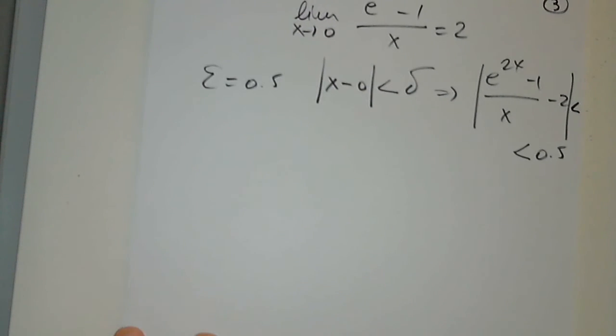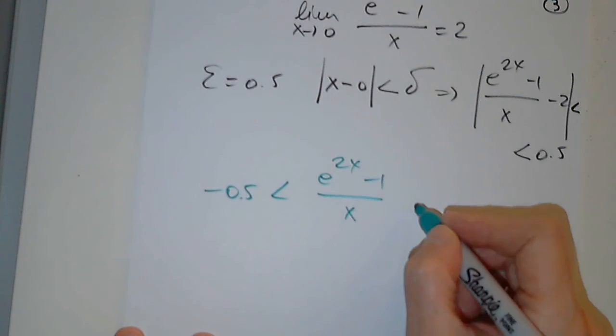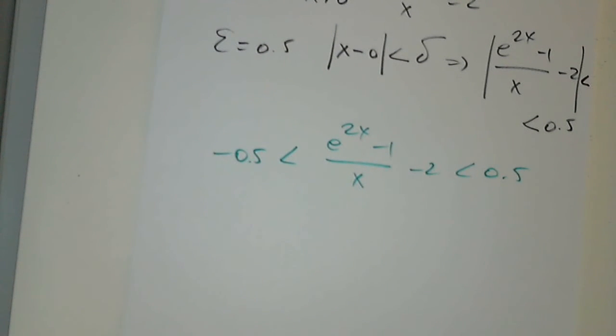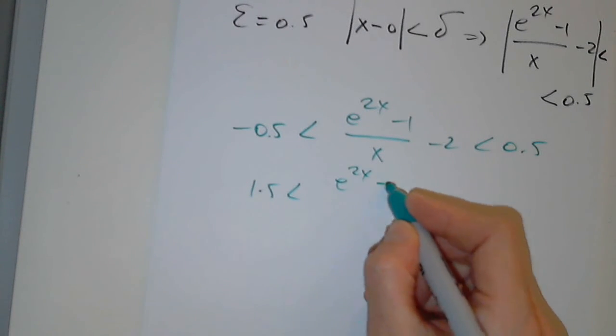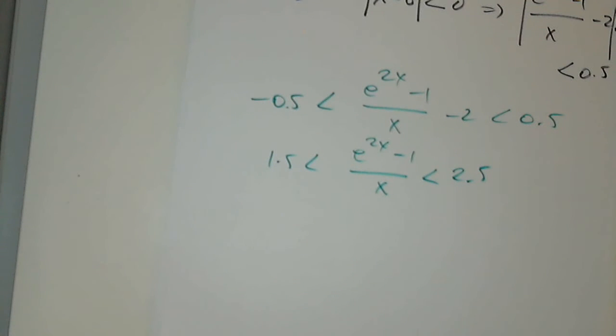I get exactly the same inequality: negative 0.5 less than e to the 2x minus 1 over x minus 2, less than 0.5. All we have to do is add 2 to all three sides and put it in the graphing calculator. So when we add 2 to all three sides, we have 1.5 less than e to the 2x minus 1 over x, less than 2.5, and we have to put it in the calculator. From this point on, we can do it by hand.